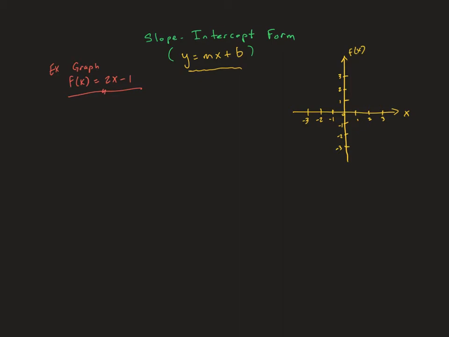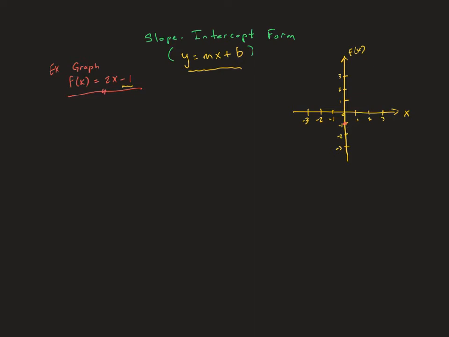And it is going to be in slope-intercept form. The most basic way here is, remember we said that this is going to be my y-intercept. So -1 is where my function is going to cross over my y-axis right here.